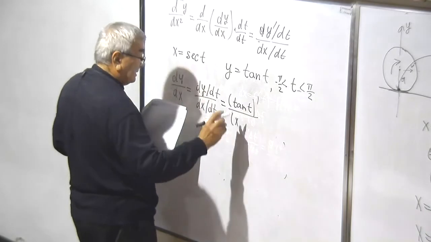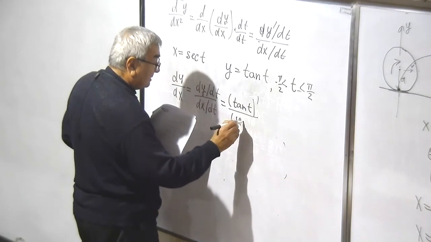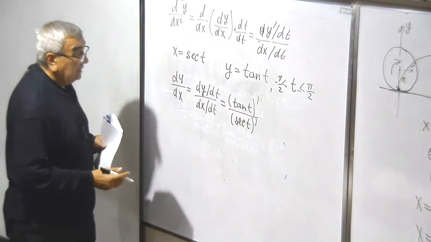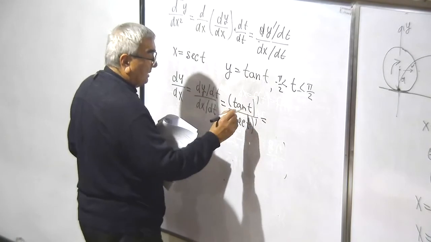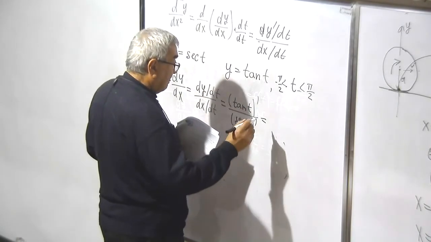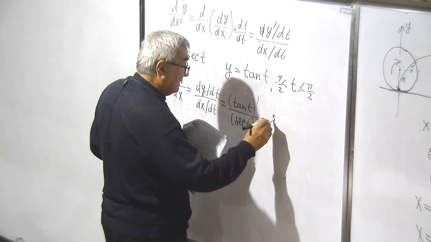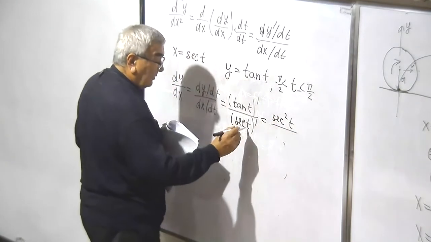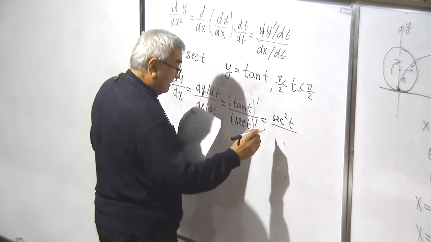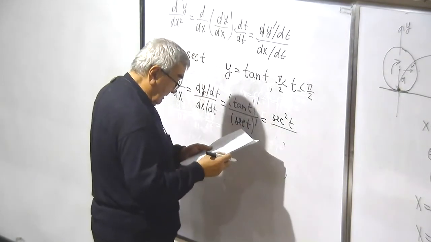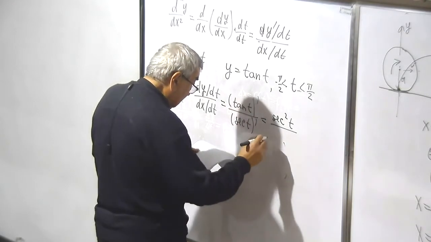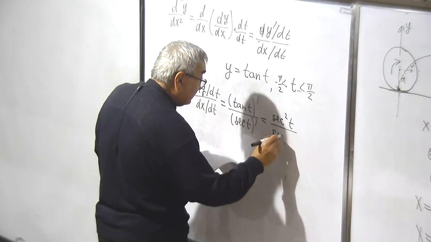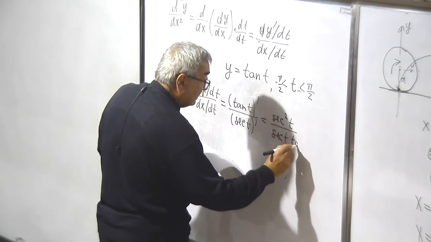That means this will be sec θ prime, the derivative over t. So this gives us sec square t, and from the second part, sec t times tan t.